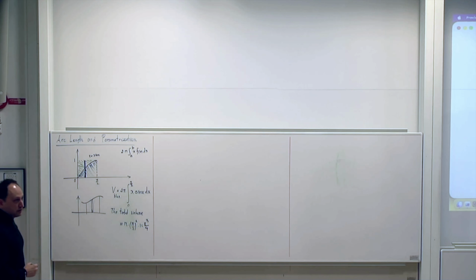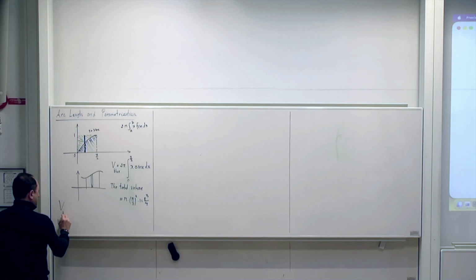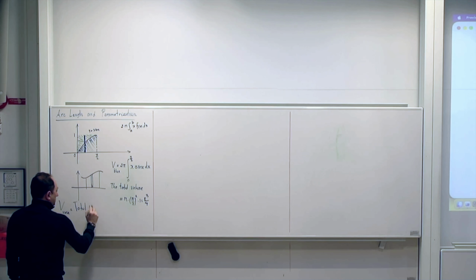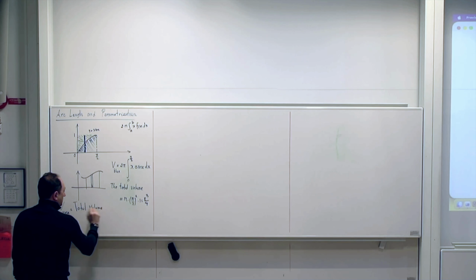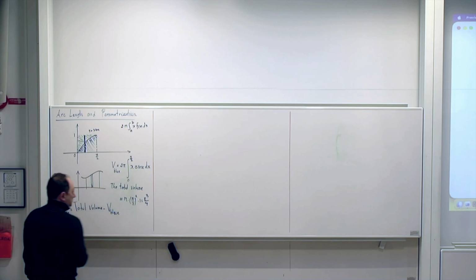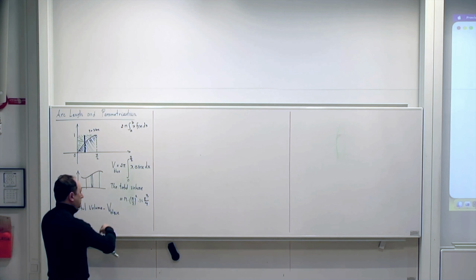Is that right? So then it means that the volume of the vase is equal to the total volume minus the volume of the blue. Yes? This is one way of doing it. But I don't want to, because we don't have time for the second part.